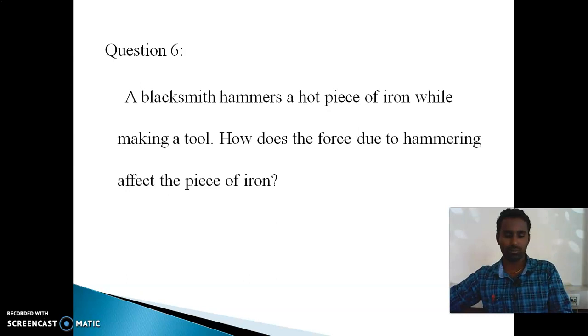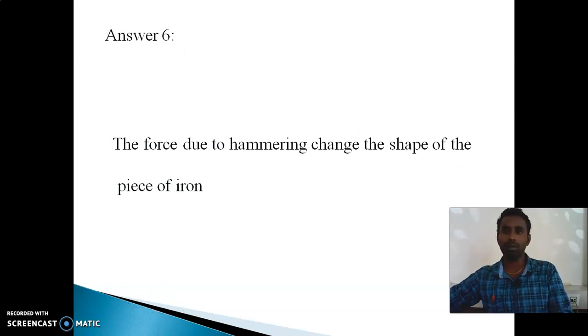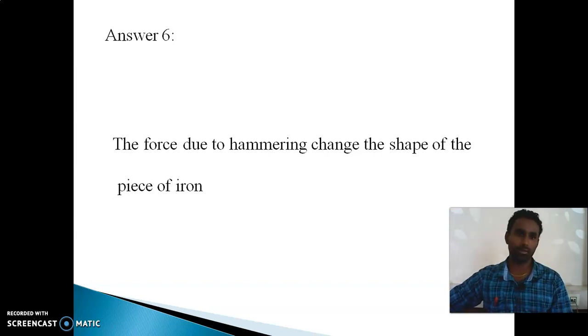Shall we see the answer? The answer is that the force due to hammering changes the shape of the piece of iron. Yes, of course. You can write the answer in more detail. When you are beating that using the hammer, what kind of force is acting? That's called muscular force. The muscular force is transmitted to that object, and due to that application of force, the molecules inside the iron try to expand further.